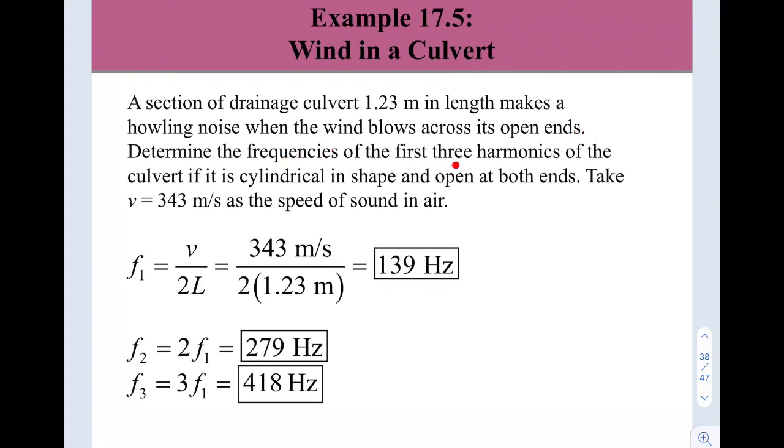Determine the frequency of the first three harmonics of the culvert if it is cylindrical in shape and open at both ends. Take v equivalent to 343 meters per second as the speed of sound in air. Since this is open at both ends, we have the general formula Fn equivalent to nv over 2L, where n is an integer.